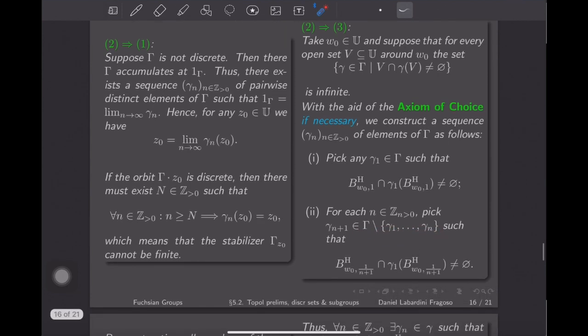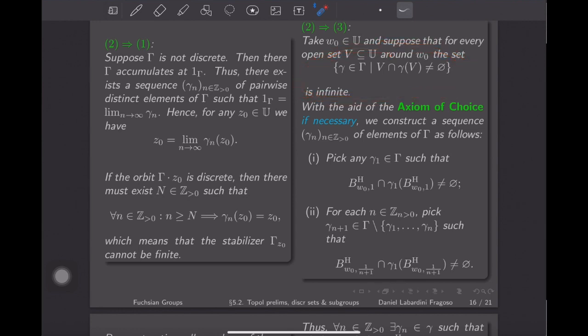And then I consider as my open set the open disk with hyperbolic center W naught, but now with radius 1 over n plus 1. For this choice of V, this set is infinite, right?